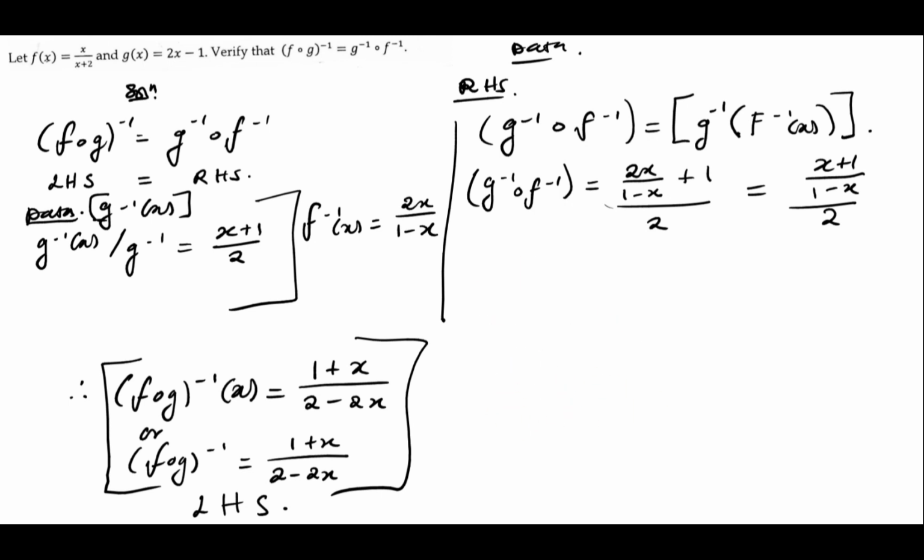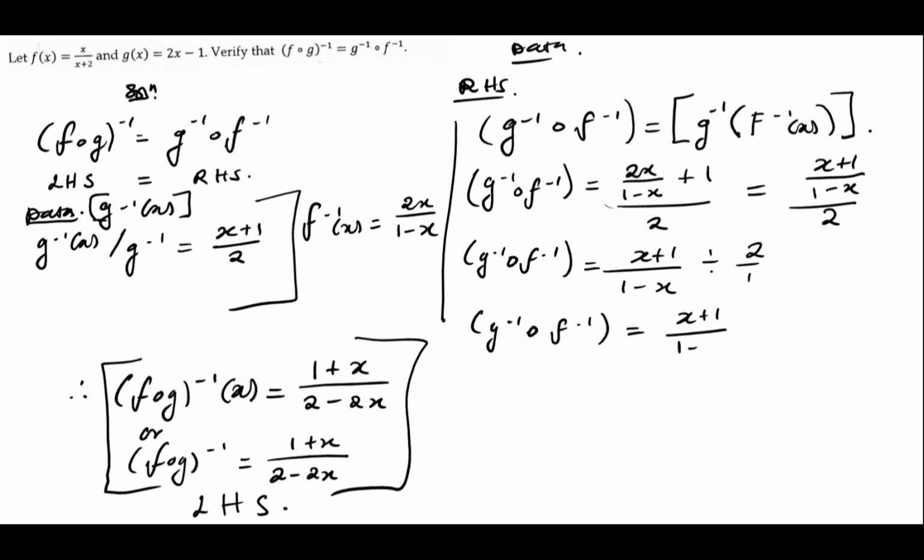Now, with that done, we can say g inverse of f inverse is equal to x plus 1 over 1 minus x, and this is divided by 2 over 1. So g inverse of f inverse is equal to x plus 1 over 1 minus x times 1 over 2.